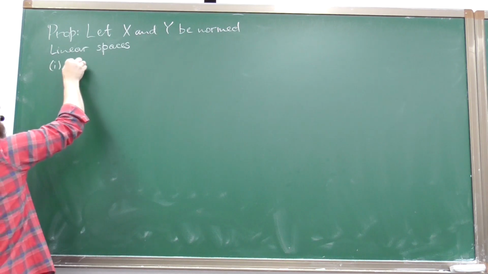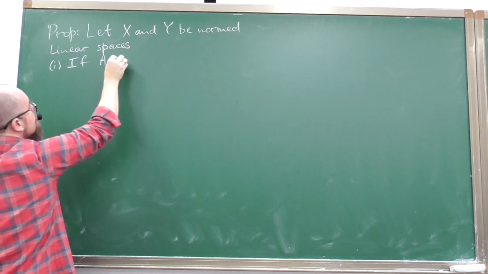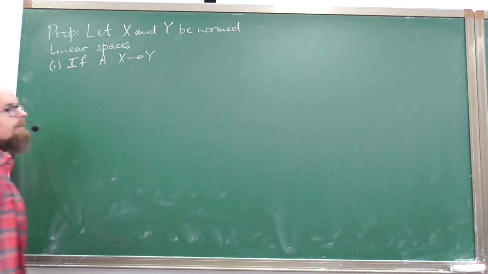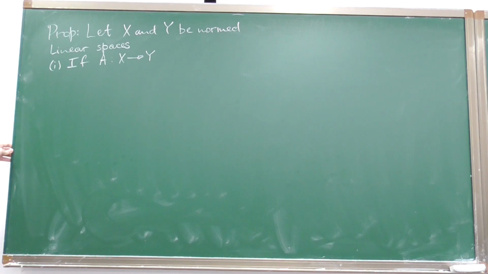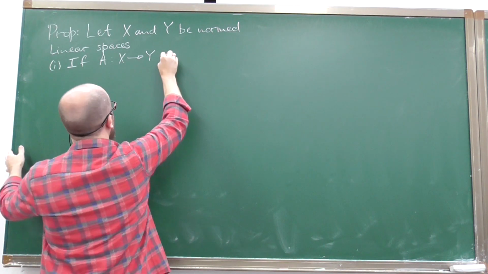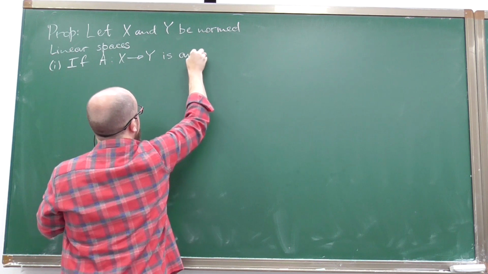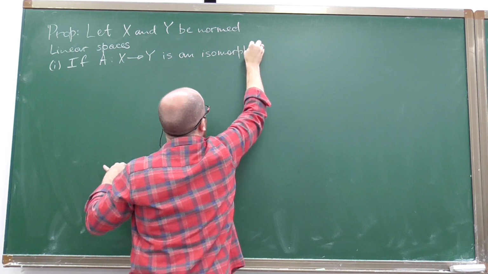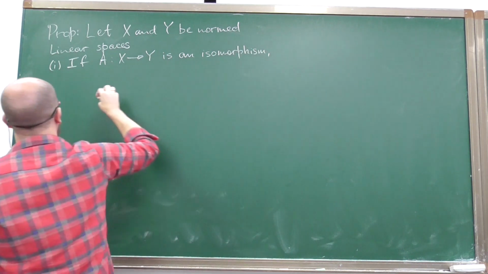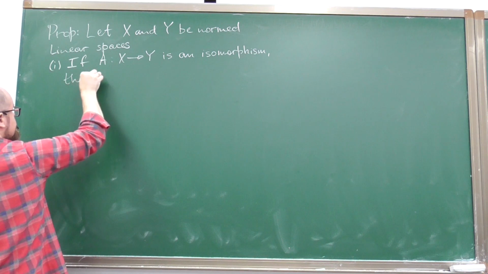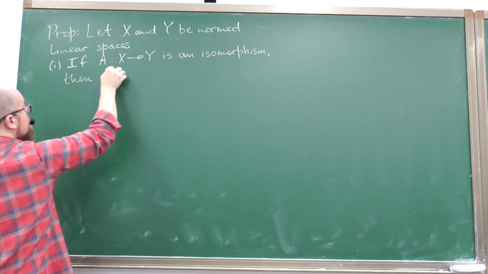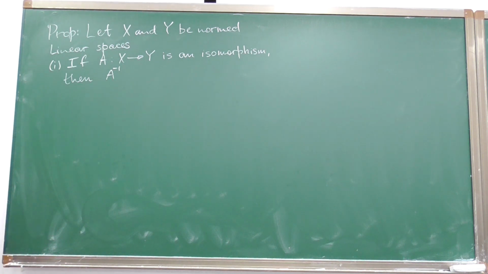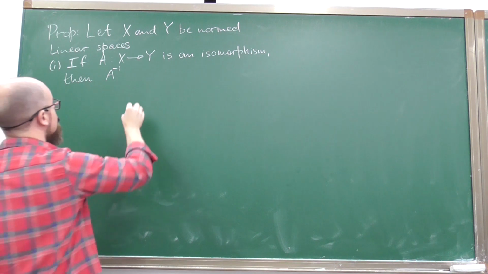First, if A from X to Y is an isomorphism, then its inverse is an isomorphism as well.